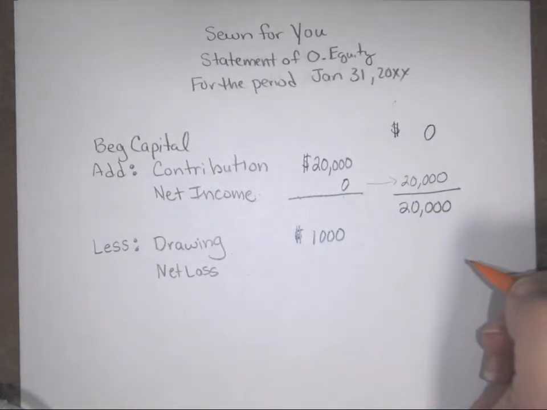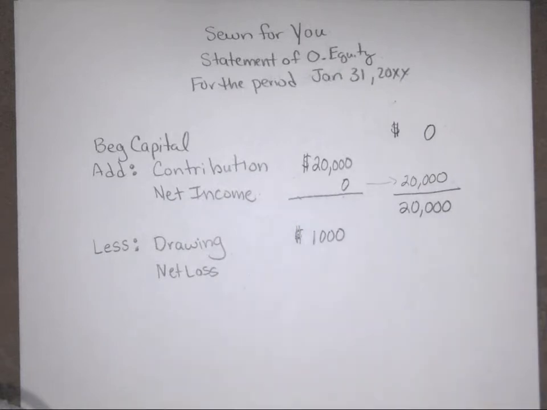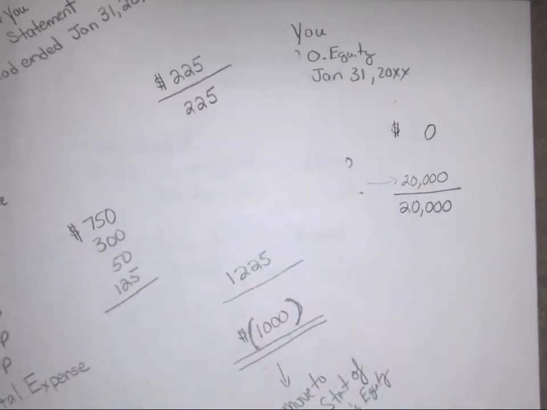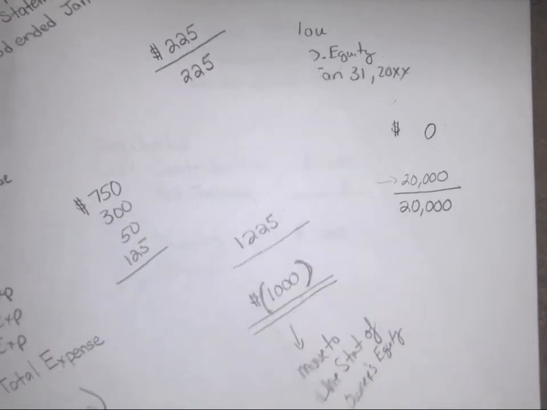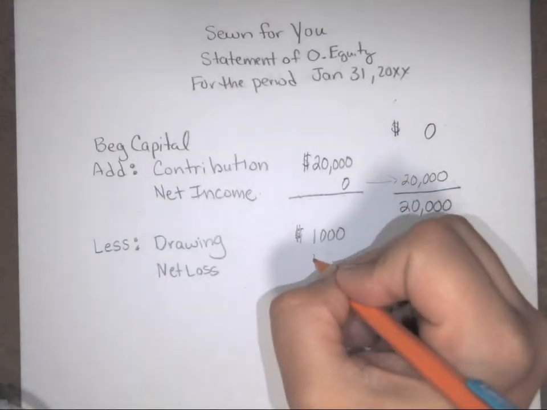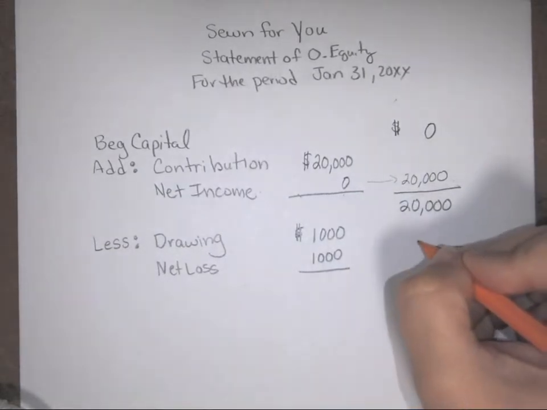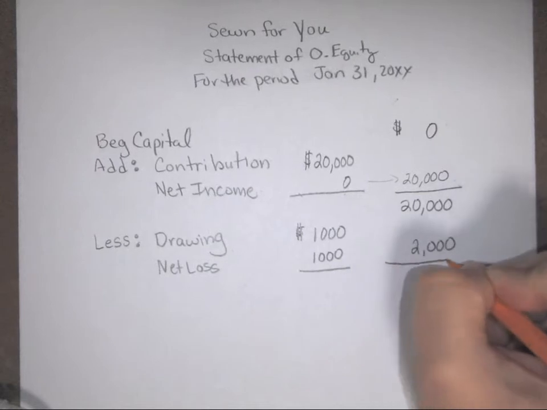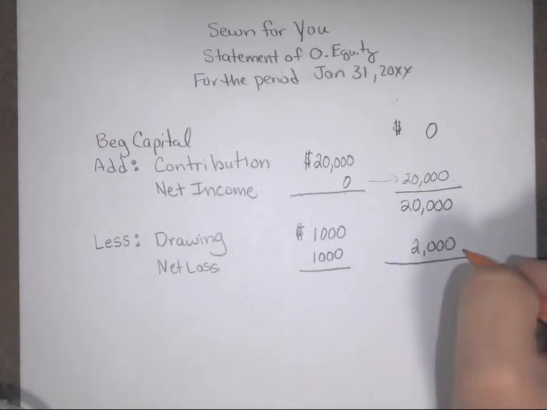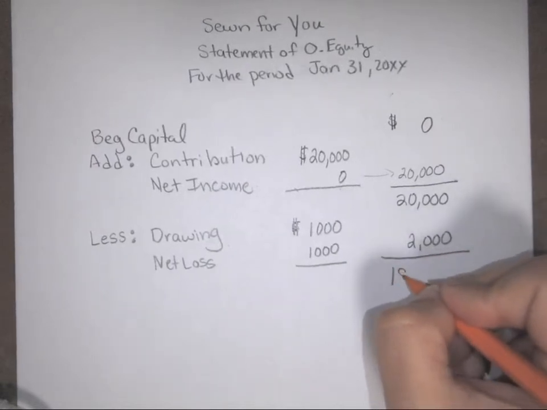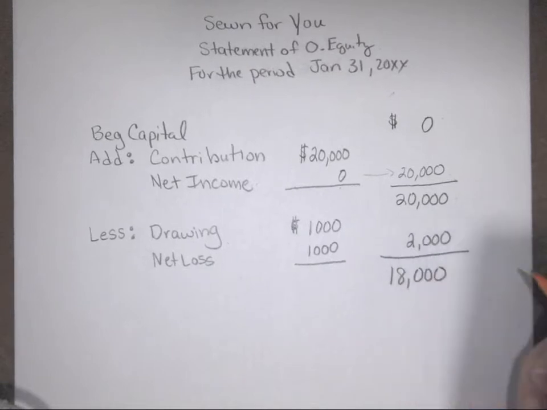I did have a net loss, and that net loss is coming from that income statement. So we had the 1,000 that was a net loss, and so I need to put this in here, and then I would add these amounts up and move that total over, and so it's 2,000. And so now I have 20,000 minus 2,000, which leaves me with 18,000.